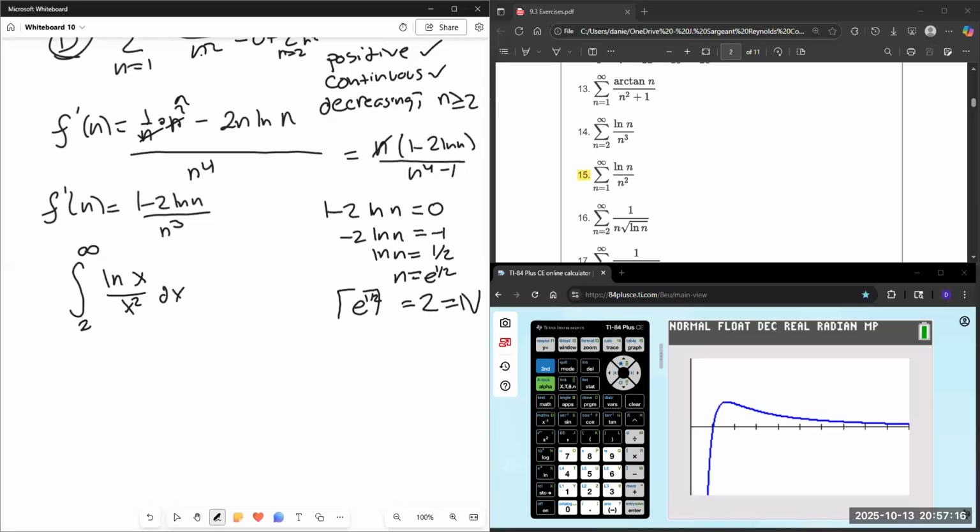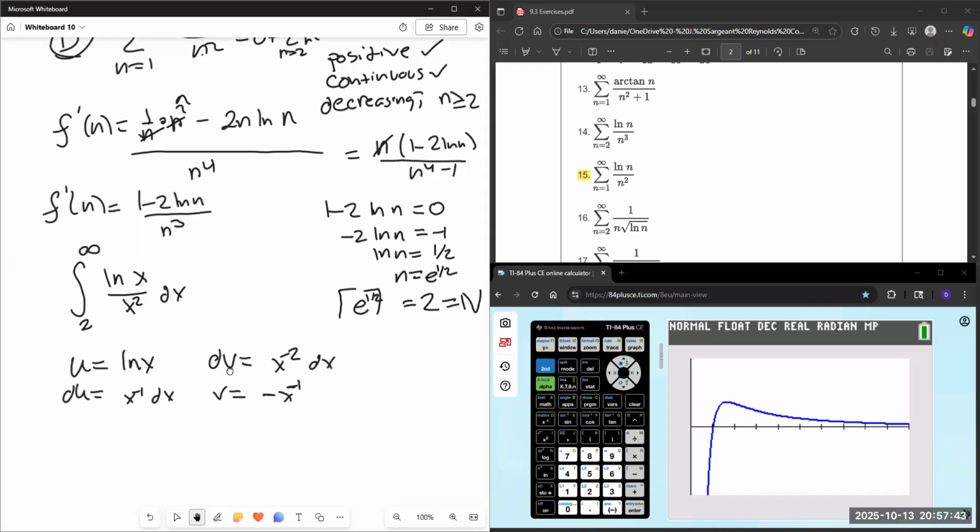I'm going to use integration by parts. u is equal to ln of x, dv is equal to 1 over x squared, or x to the negative second, dx. du is 1 over x, or x to the negative first, dx, and v is equal to negative x to the negative first.